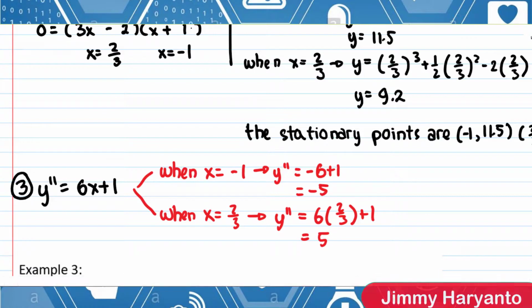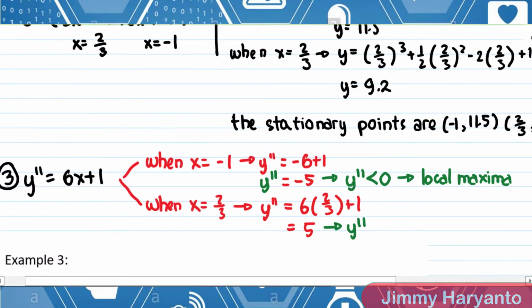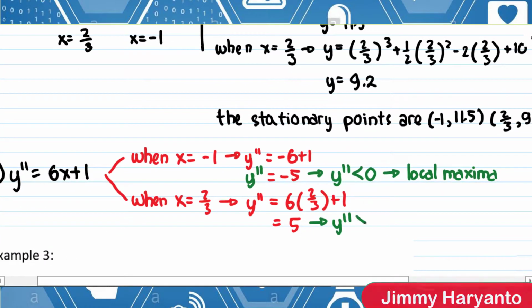For the first one, we have the value of -5, and we already know that -5 is less than 0. That means y double accent less than 0. Less than 0 means local maxima. And for the second one, the value of y double accent equals 5. 5 means greater than 0. Greater than 0 means local minima.